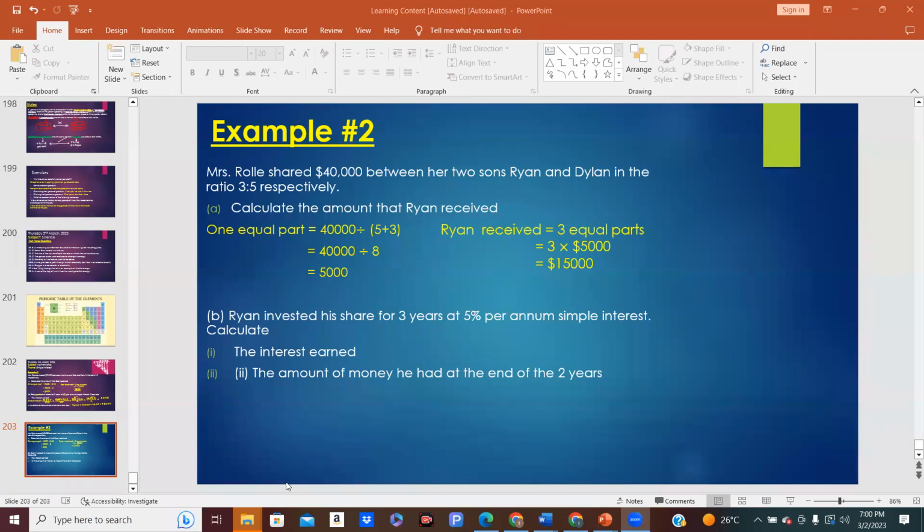Azaria Marshall, where's she? Here. Do you understand what's going on? Yes. All right. So, okay, good. 15,000. So we know what Ryan got.